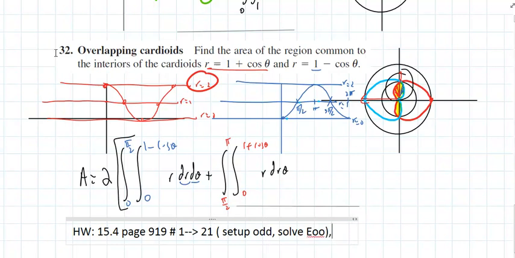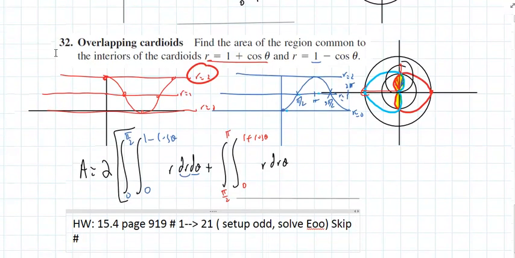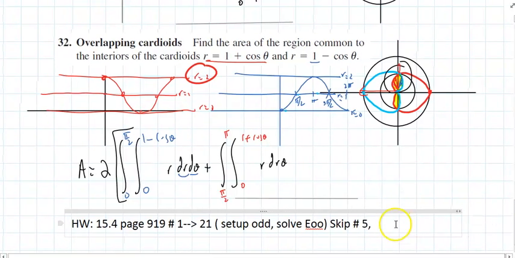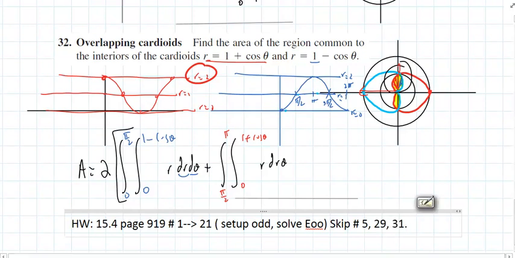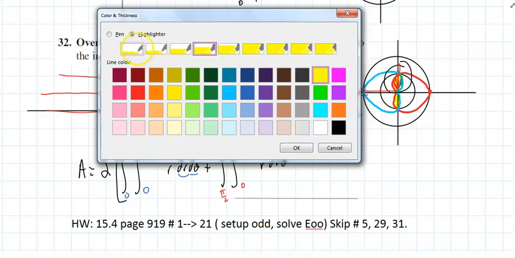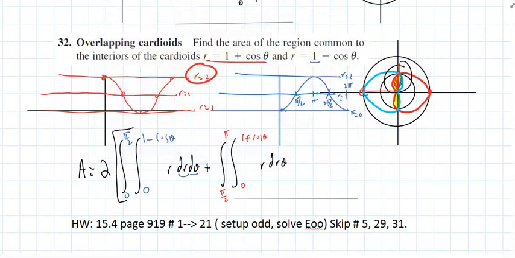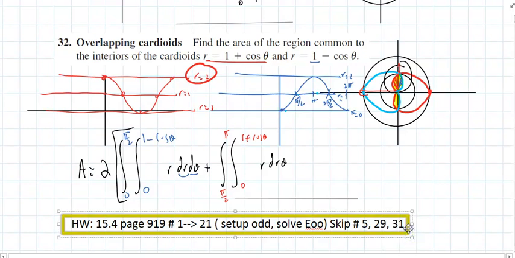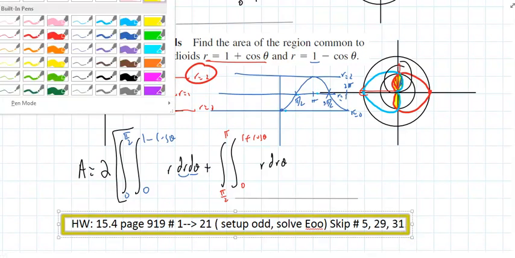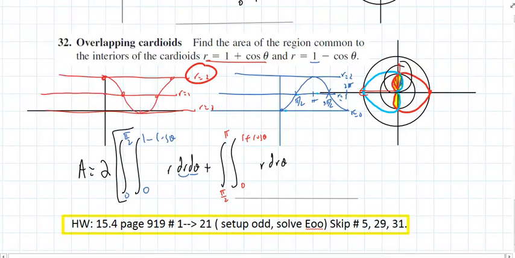You're going to skip number 5, and you're going to do number 29 and 31. And that would be it for this section. So in our next class meeting, we're going to discuss this, and I'll talk more about what that means.